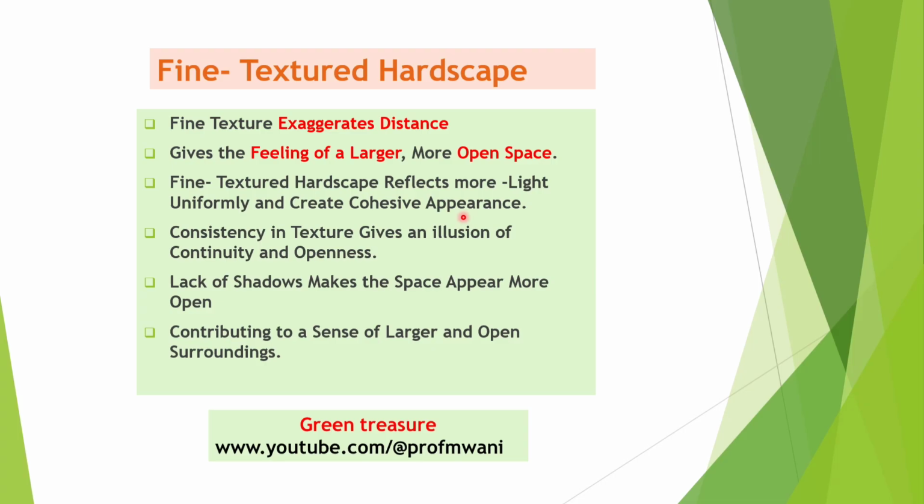It's the reverse of a coarse textured hardscape. So it absorbs light uniformly, reflects light uniformly, and there will be a consistency in texture. It gives an illusion of continuity and openness. A lack of shadows makes space appear more open, contributing to a sense of larger and open surroundings.